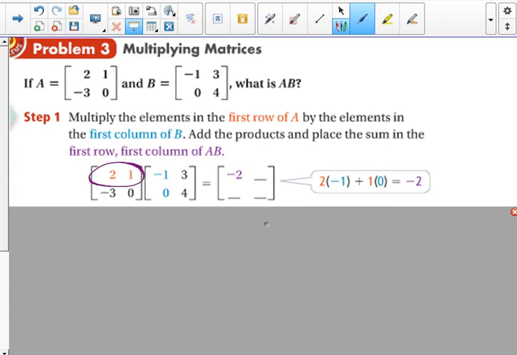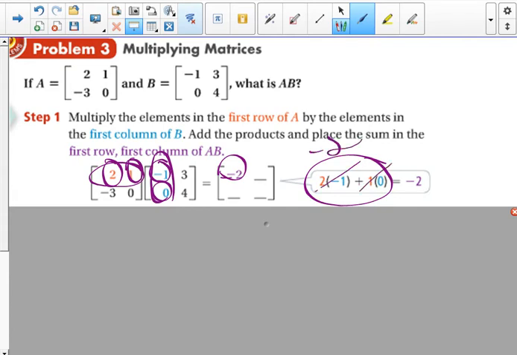So you're going to take the first row elements times the first column elements. So it's going to be 2 times negative 1 plus 1 times 0, and that becomes your first position. 2 times negative 1 is negative 2, and of course 1 times 0 is 0. So when you add those together, you get negative 2, and that goes in that first position.